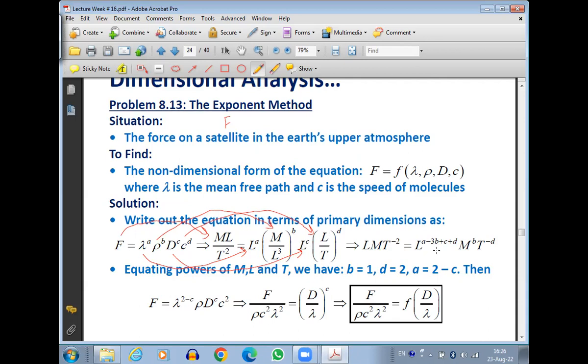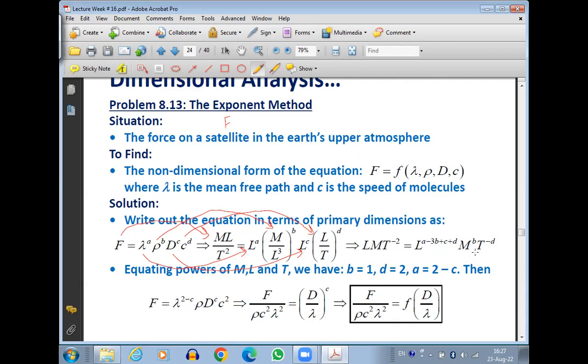So L will be A minus 3B plus C plus D. M will be B only on this side of the equation, and T will be minus D. So L M T to the power minus 2 will be equal to L to the power A minus 3B plus C plus D, M to the power B, and T to the power minus D.